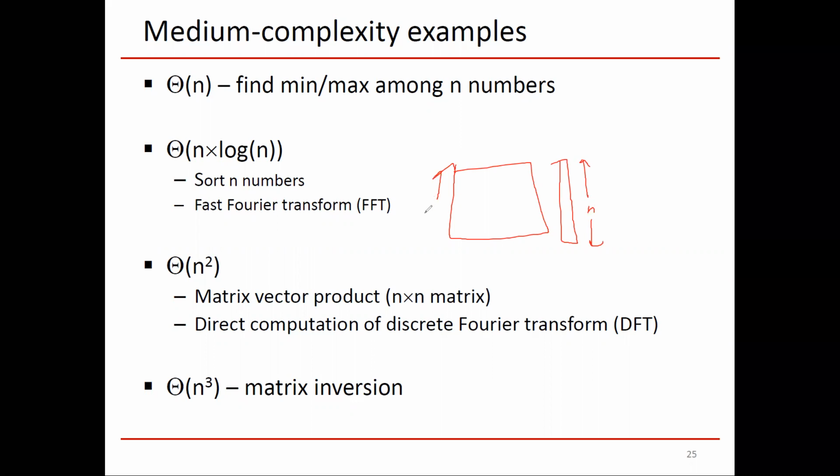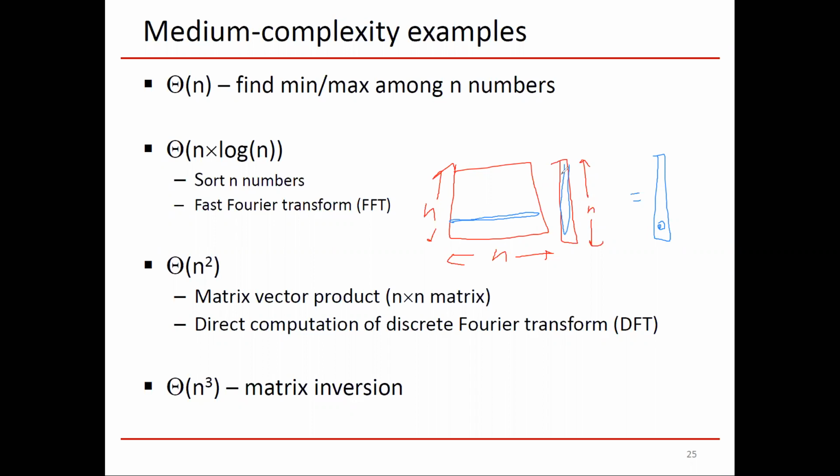Similarly, the matrix will be of dimension n by n, and every number in the output, so let's say this number, is equal to an inner product of the corresponding row in the matrix with the column vector. And this inner product means that we're taking corresponding pairs that appear in the same order in the column and the row. We're multiplying the pair, and then we're adding up all the pairs.